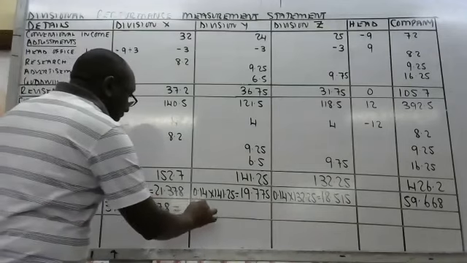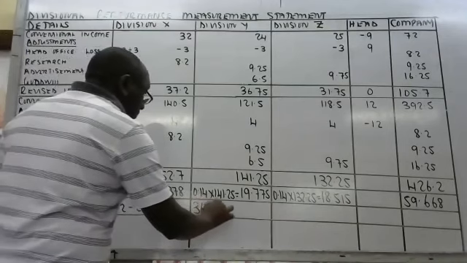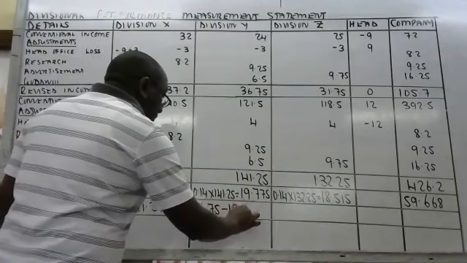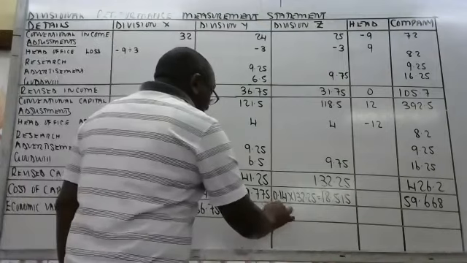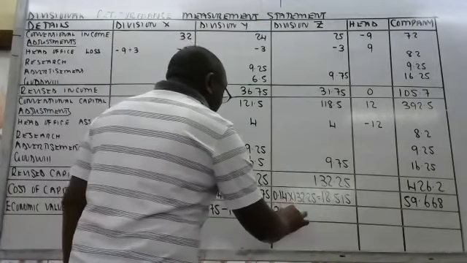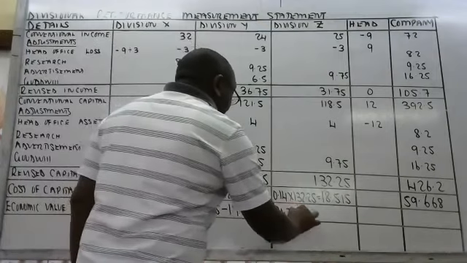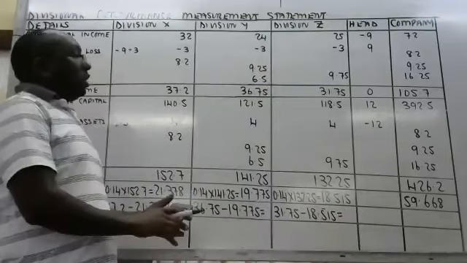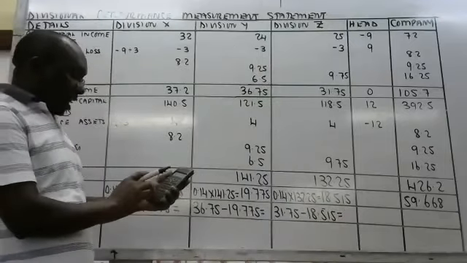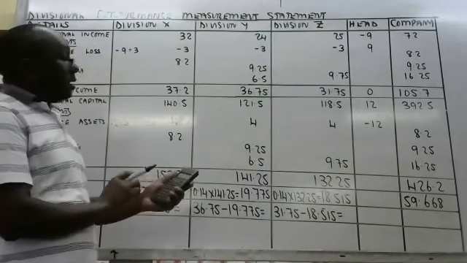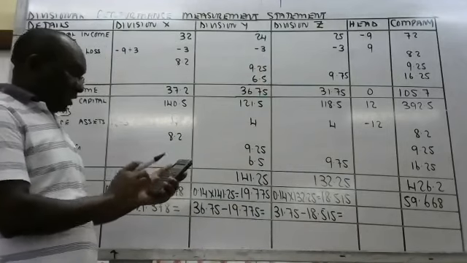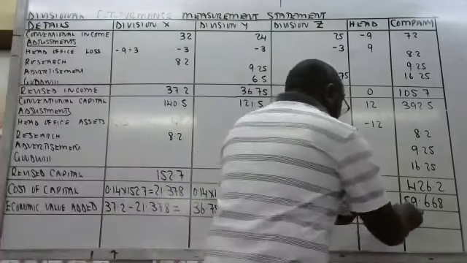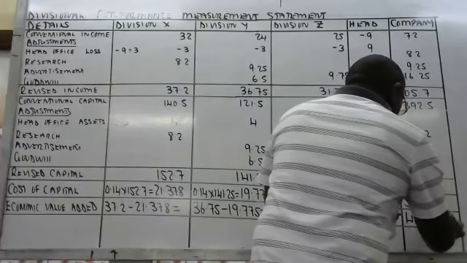Then here 36.75 minus 19.775. Then this other one, 1.75 minus 18.515. And at the end, that one I can do straight as 105.7 minus 59.668. I record 46.032.